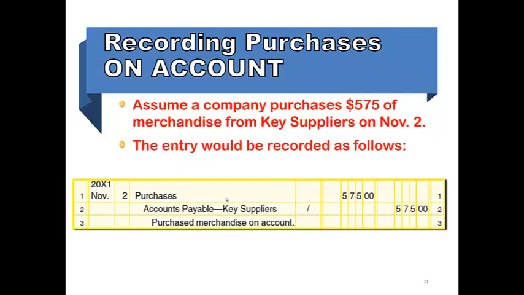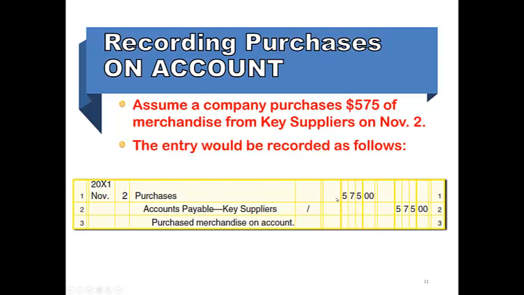Okay, so let's look at the journal entry. Assume a company purchases $575 of merchandise from Key Suppliers on November 2nd. So it's a pretty simple entry. We debit purchases. We know that this is a purchase of inventory or merchandise. The problem may say merchandise for resale. That's inventory.